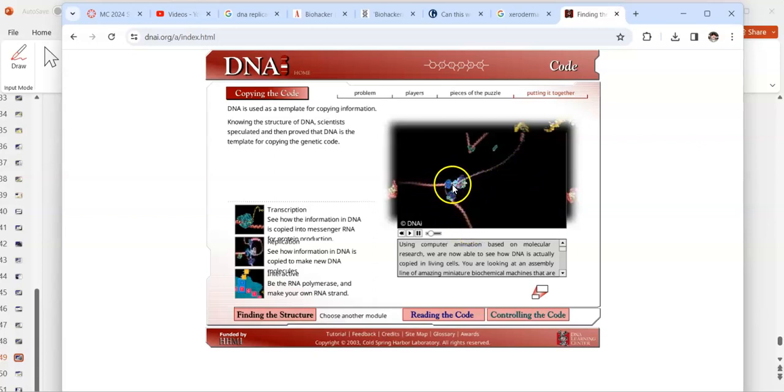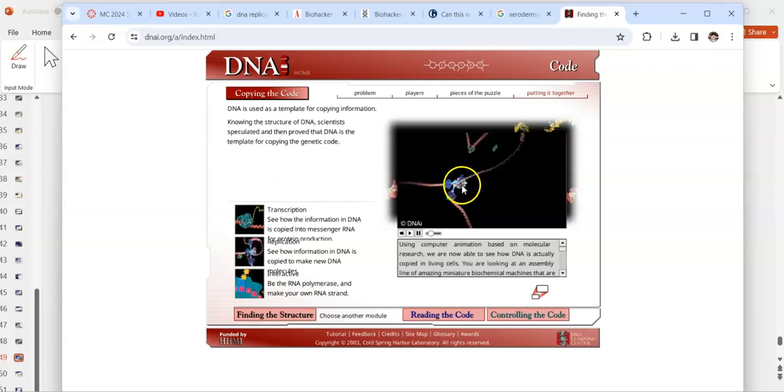This is the two strands getting split apart. This is the leading strand getting replicated in this direction. This is helicase going this way, unwinding the DNA. This is the leading strand polymerase.